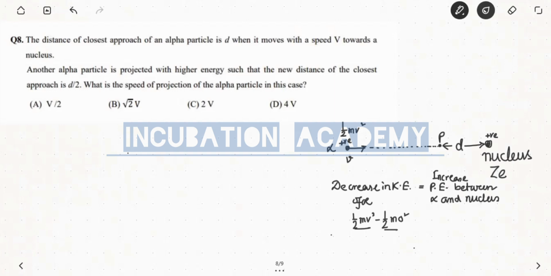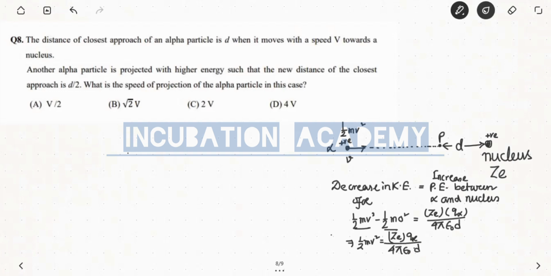So the decrease in kinetic energy, and at that moment the potential energy is the charge of the nucleus multiplied by the charge of the alpha particle, let us say q alpha, divided by 4 pi epsilon naught d, where d is the distance of closest approach. So half of mv square equals Ze q alpha divided by 4 pi epsilon naught d.